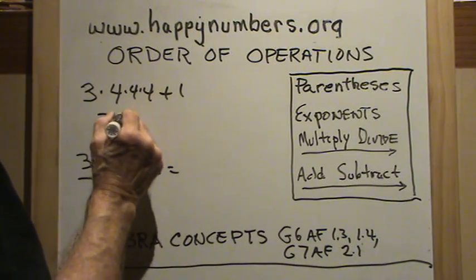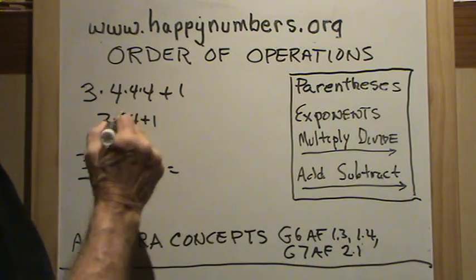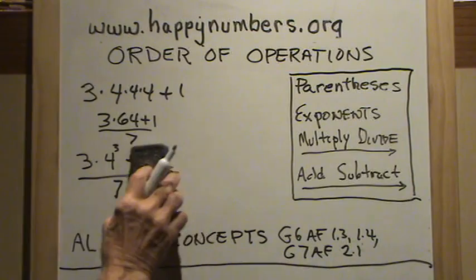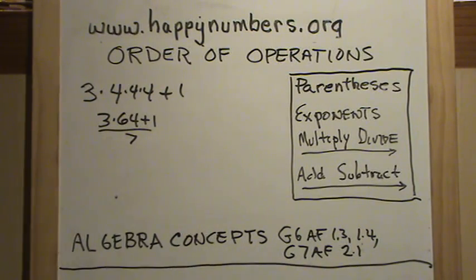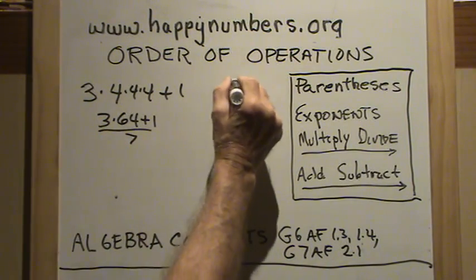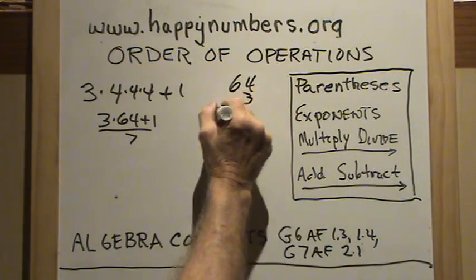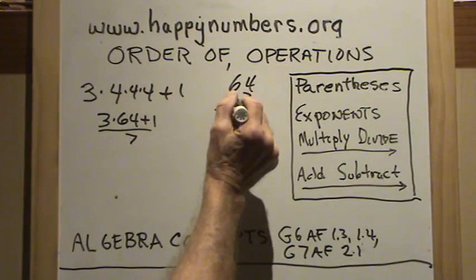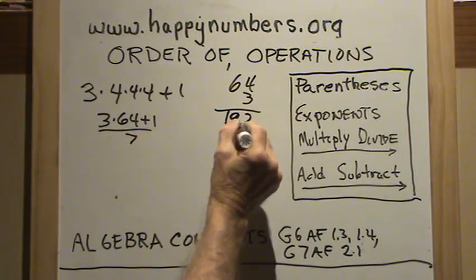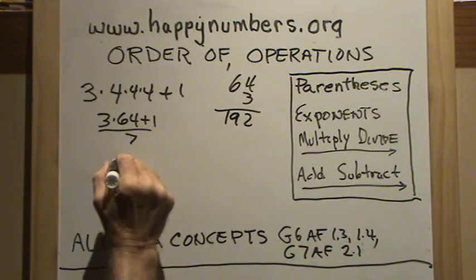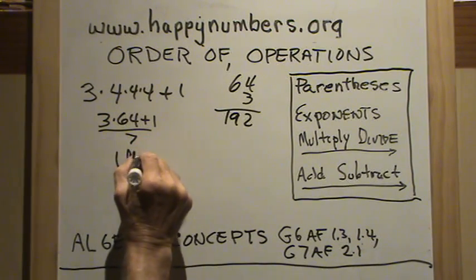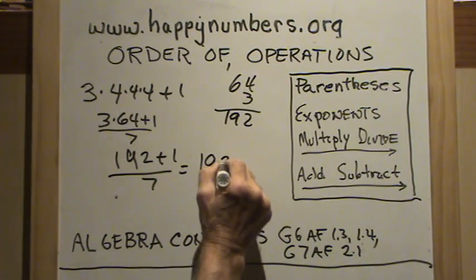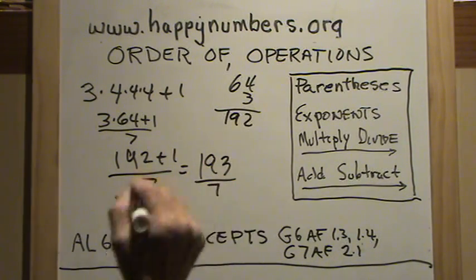So we have 3 times 64 plus 1 divided by 7. Well, let's do 3 times 64. 3 times 4 is 12. Carry the 1. 3 times 6 is 18, and 1 is 19. So we have 192 plus 1 divided by 7, which equals 193 divided by 7.